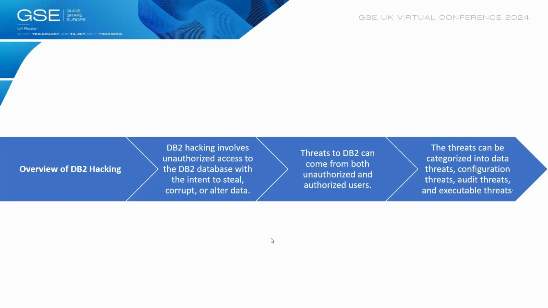Some authorized users simply could have or would like to have more access than they have and would try to overcome the existing setup of the security. We can categorize the threats into data threats, configuration threats, audit, and executable threats.